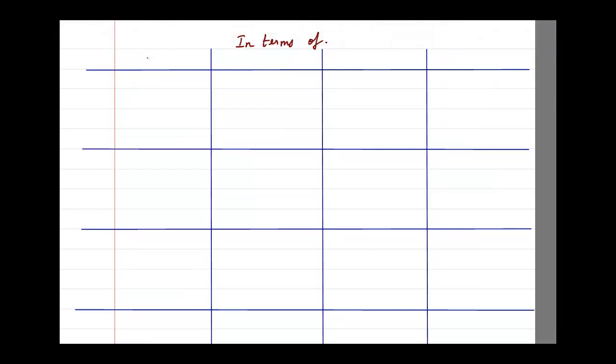So I have drawn a 4 by 4 table, and here it will be in terms of z, in terms of y, in terms of h, and in terms of t or ABCD. Okay, I'll write it in terms of t.